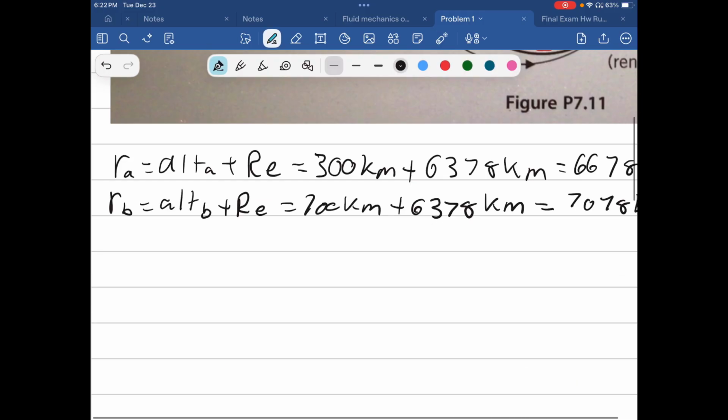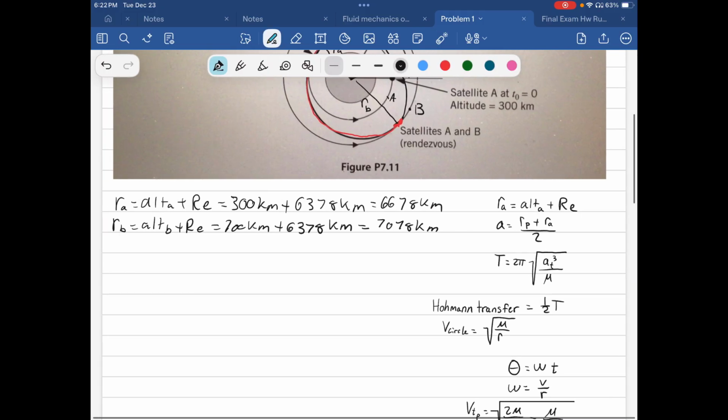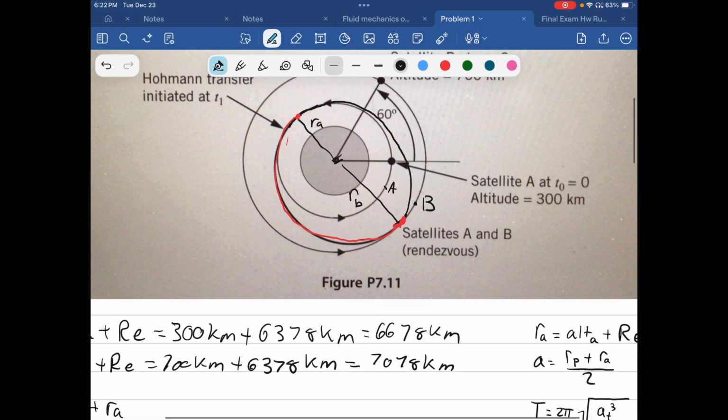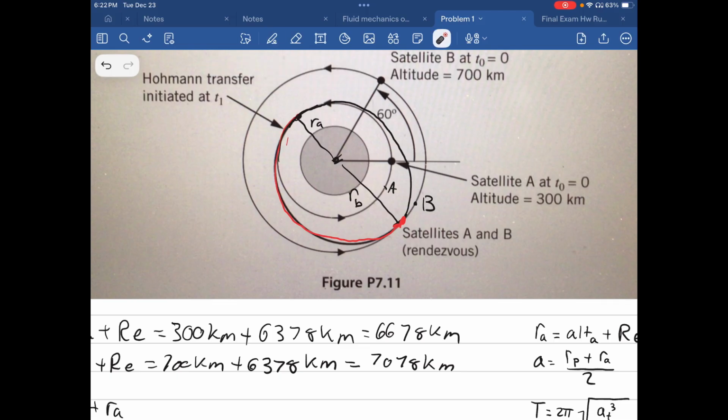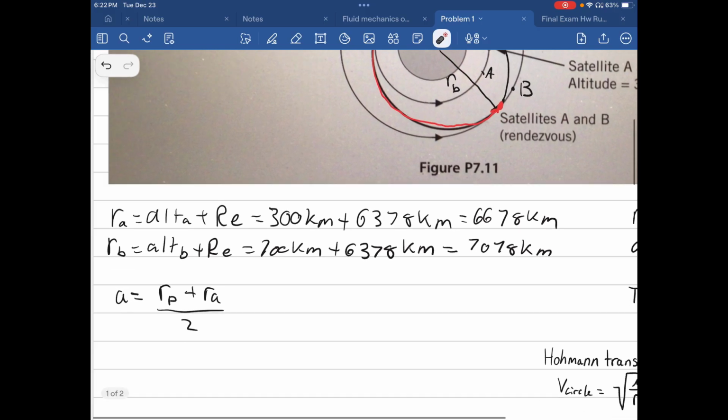So we can go ahead with our equation. We have semi-major axis equals the perigee plus the apogee over 2. And so we see here our perigee, or our closest point in the orbit, is going to be the same thing as this RA, and the apogee, or the farthest point in this orbit, is going to be the same as RB.